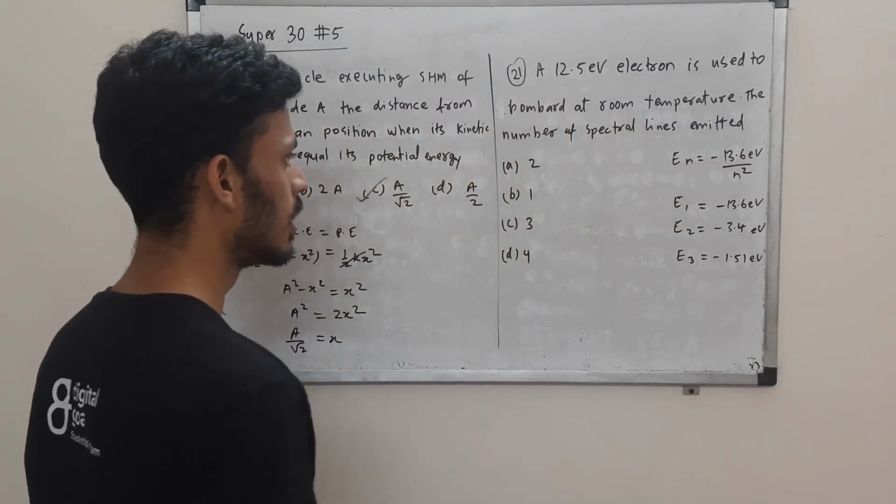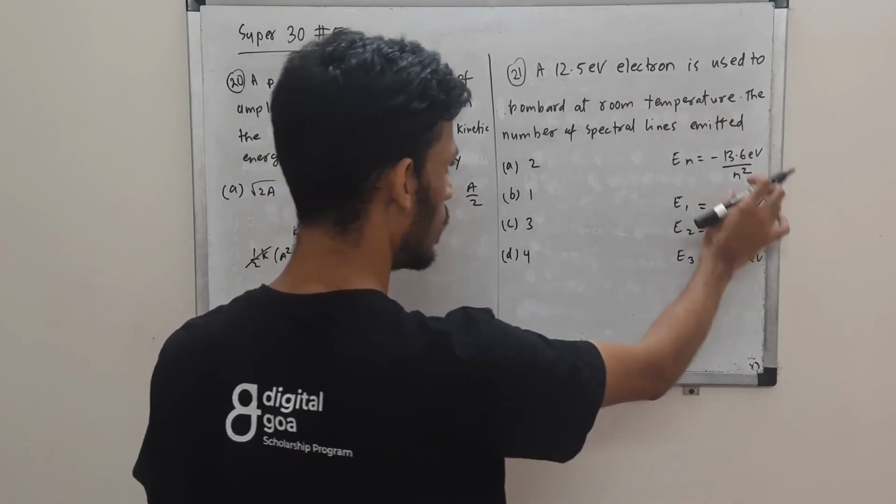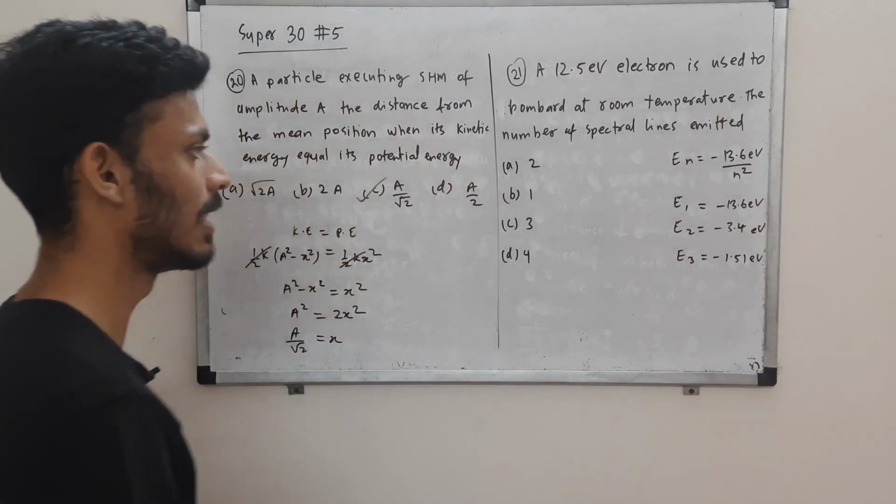So we are supposed to see, adding this 12.5 to minus 13.6, what is the excited state that we obtain?